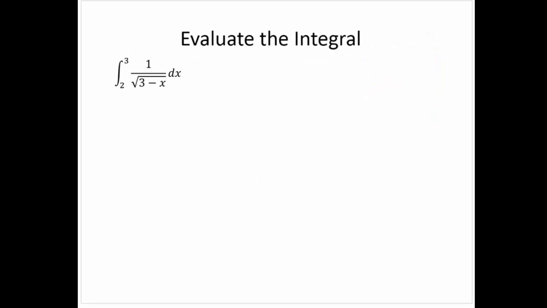So let's consider the integral from 2 to 3 of 1 over the square root of 3 minus x dx. We first note that there is an infinite discontinuity at x equals 3. And if you bring up the graph of this on your graphing calculator, you can verify that statement.